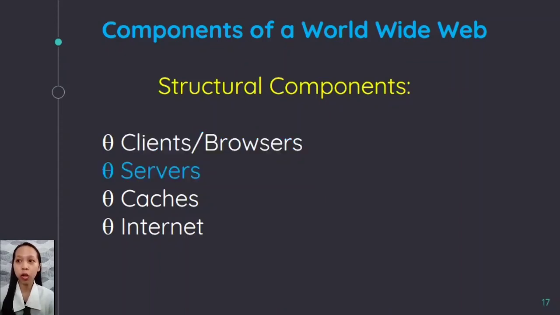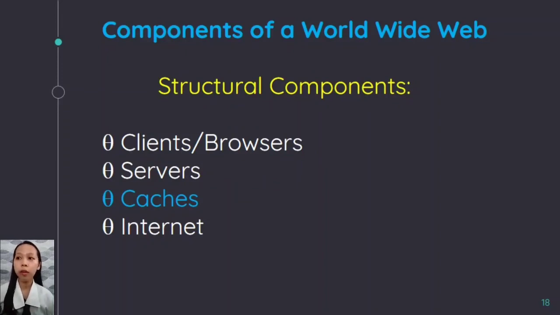Next structural component of the World Wide Web is the server. Web servers are computers that deliver requested web pages to your computer. The next structural component is the cache, or caches.